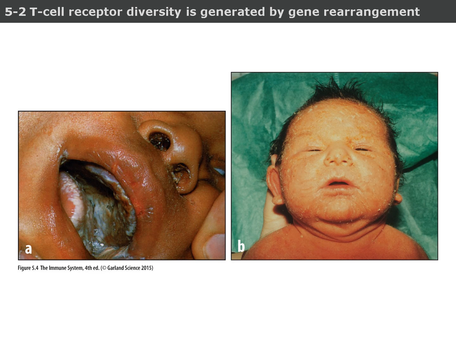This presentation is characteristic of severe combined immunodeficiency. In such cases, failure to produce functional T-cell receptors results in a profound immunodeficiency, leaving the body defenseless against common pathogens. These images highlight the essential role of T-cell receptor diversity in protecting against infection and supporting immune system function.